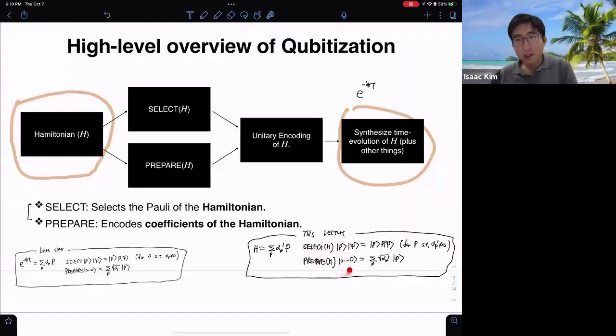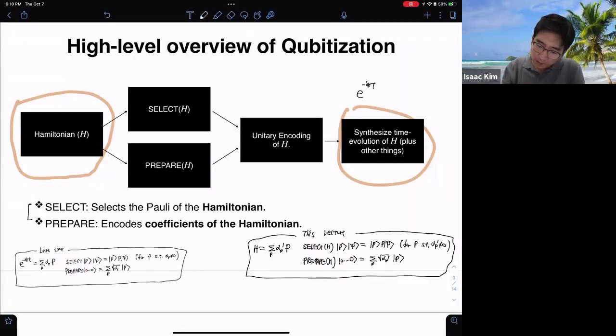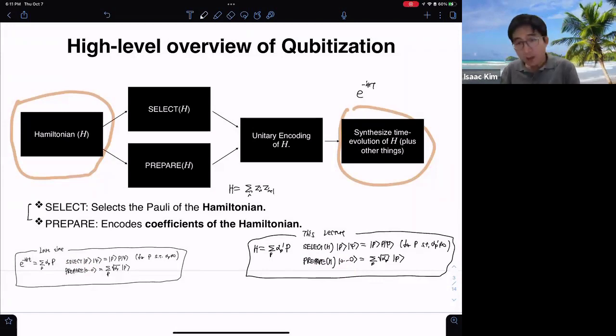Clearly they're doing something very similar, but in many ways you can see that the select H and prepare H is much simpler than the select and prepare for the Taylor expansion. For instance, let's consider a simple Hamiltonian, like a nearest neighbor Ising Hamiltonian. If you exponentiate that and then Taylor expand it, you obviously have terms which are not nearest neighbor.